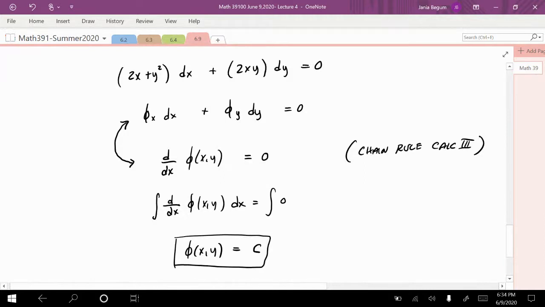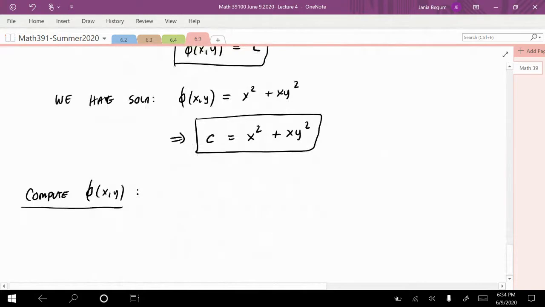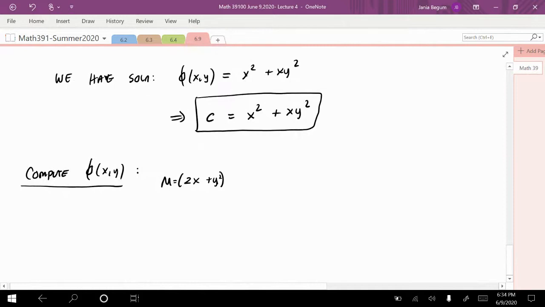You look at one of your functions, either m or n. I'm going to take just m, which is 2x plus y squared. We're going to integrate m with respect to x.